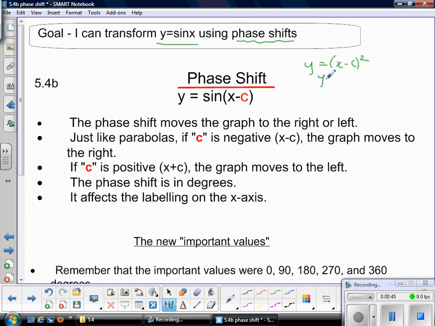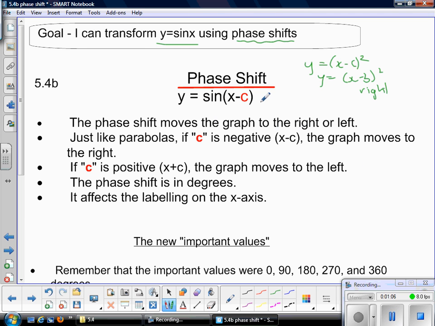So if a parabola said y equals x minus 3 squared, we know that we would move that to the right 3. Okay, and the converse is true if it's positive. So if it says x plus 3, we would move it to the left 3.